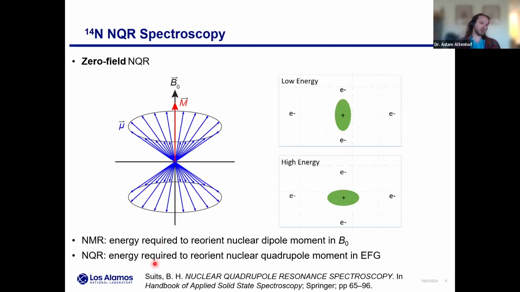It's really the same question: what energy is required to reorient that nuclear quadrupole moment, now in the EFG rather than B naught? This is just to say it's similar enough that we use the same language. There's still a T1 and a T2 here. There are pi over 2 and pi pulses, echoes, all the rest of it. So if you know enough about this, you can probably already get started in NQR.